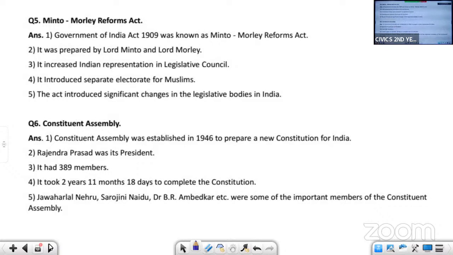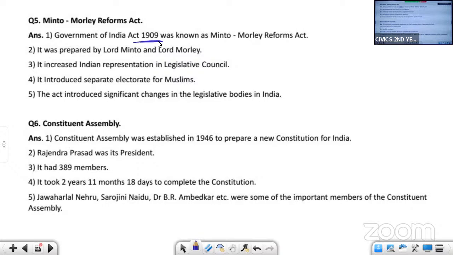Next is Minto-Morley Reforms Act. Now, Government of India Act 1909 was the first act made by the British government to satisfy the moderates. To satisfy moderates, the British government made this act, the Government of India Act 1909.